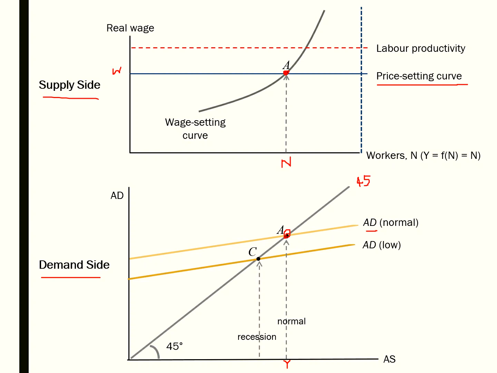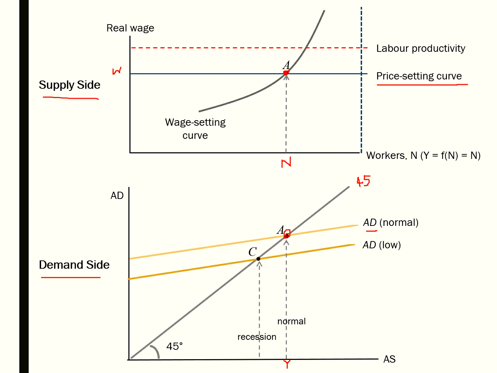Okay. Now let's look at an unfortunate case, like in COVID-19 or in the Great Depression in the 1930s. Then the AD drops due to pessimistic expectations or due to some unfortunate shocks in the economy.